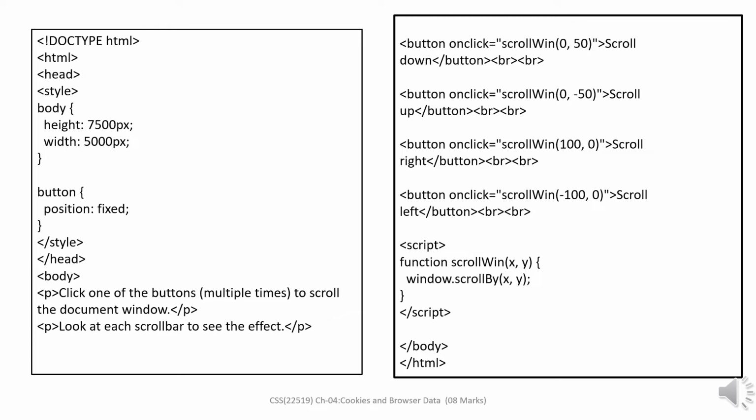End of that, and in the script tag, function scrollWin(x, y), window.scrollBy(x, y), and end of the script tag, end of the body tag, and end of the HTML tag.